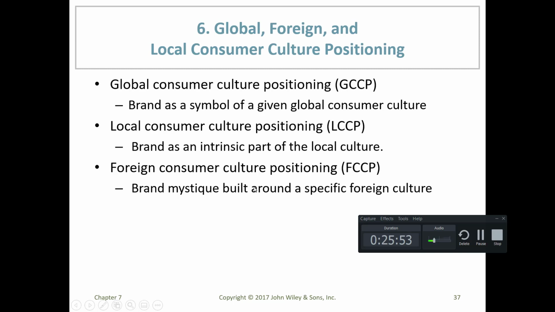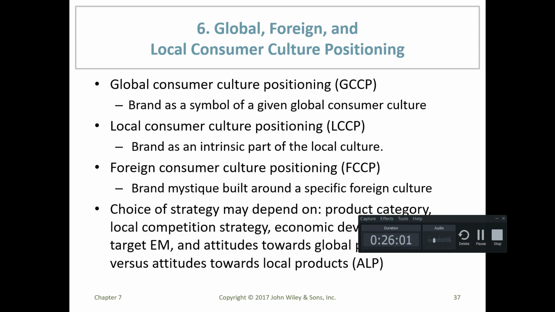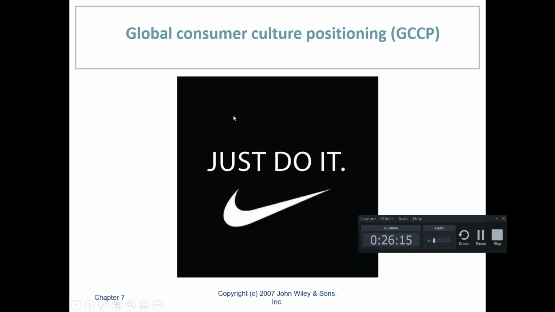And foreign is basically, and I'll give an example in a minute, it's built around a specific foreign culture. So it really depends on your product category, what you're trying to sell, a lot about consumer attitudes when you actually develop this sort of positioning statement.